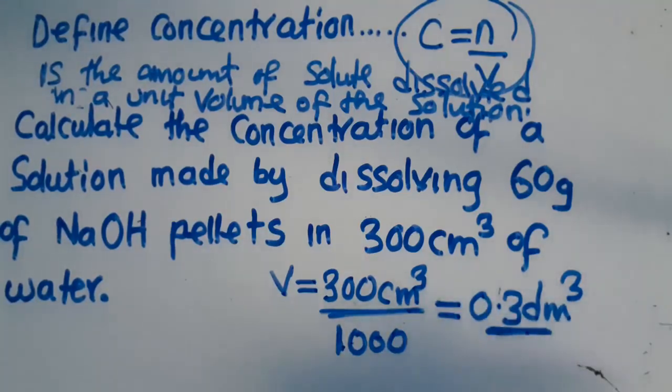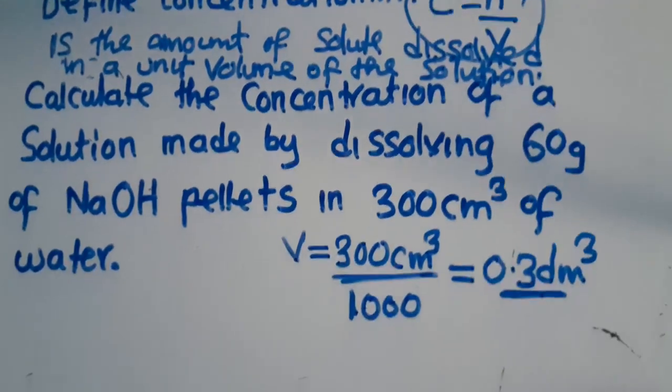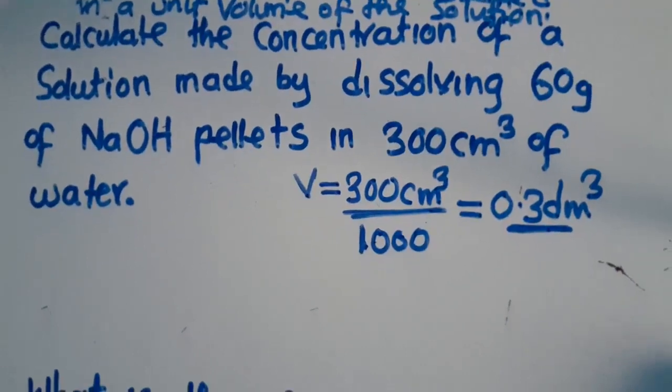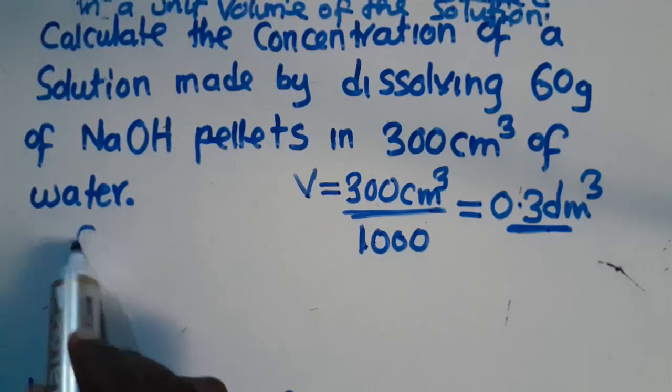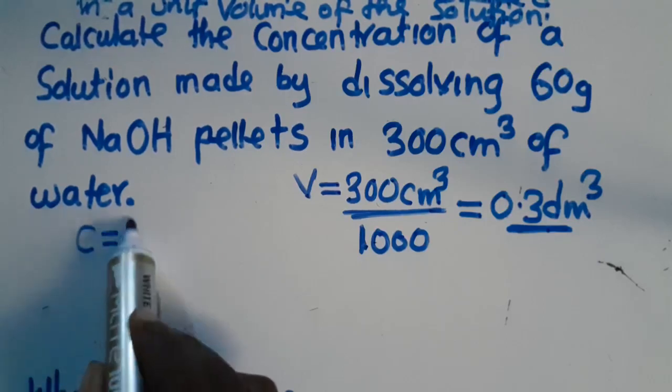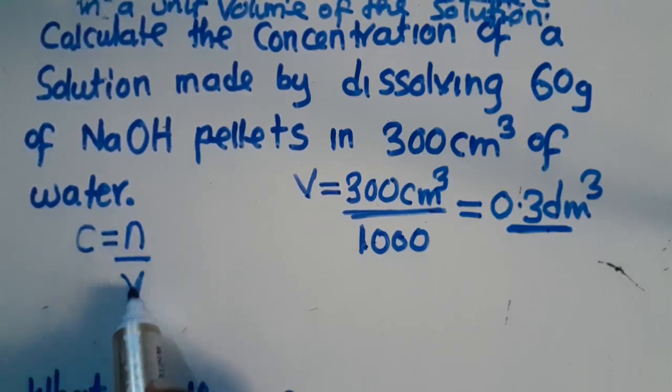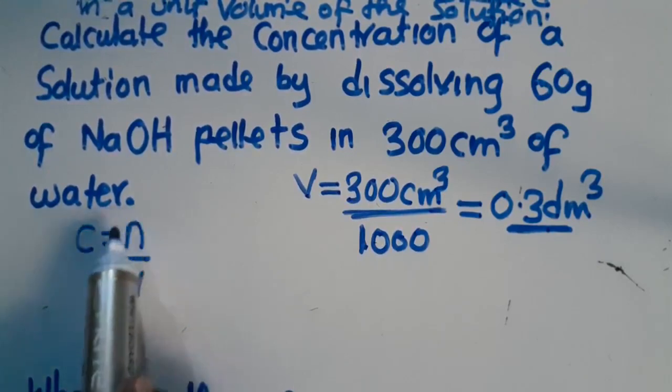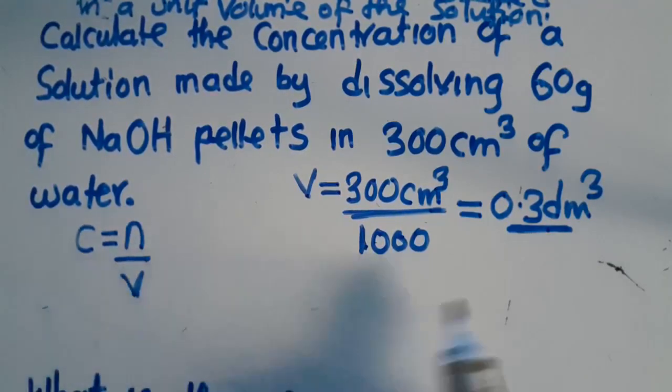So this is what you've done. We are doing all these procedures because we understand that the formula for concentration I wrote at first is equal to number of moles over volume. So we've calculated the volume, which is here.